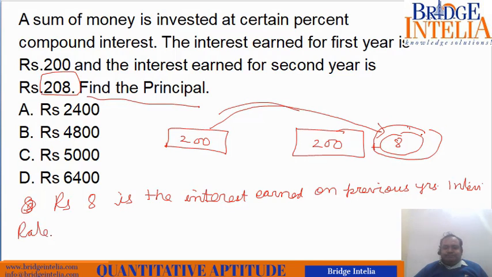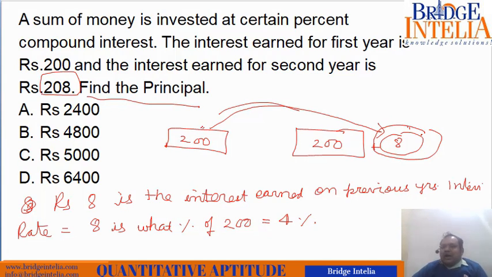So rate can be given as: 8 is what percent of 200, because this rupees 8 that you have earned is interest on previous year's interest. So 8 is the interest you have earned on 200. So 8 is what percent of 200? The answer is 4%.